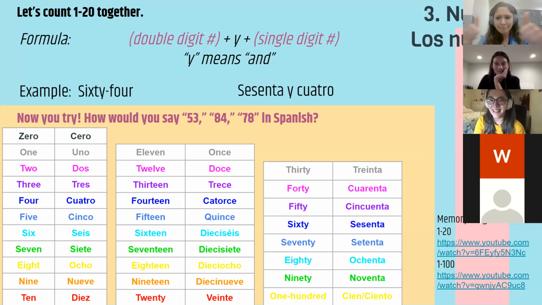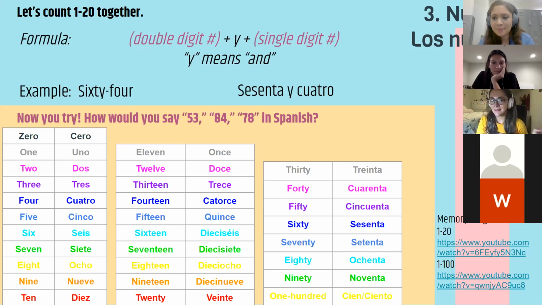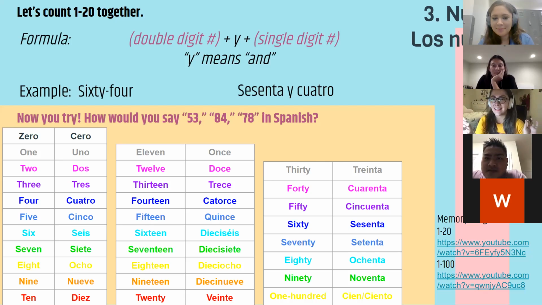So 16. Okay. And 18 and 19 and 20. Yeah, very good. Thank you. So just so everyone knows, 15, 16, 17, then 18, 19, 20.